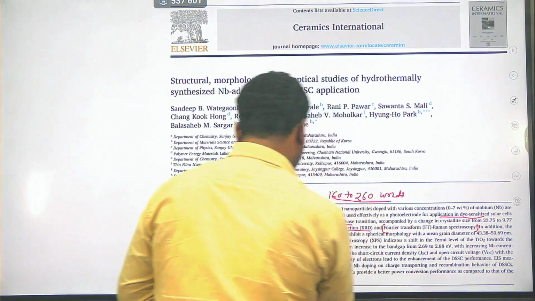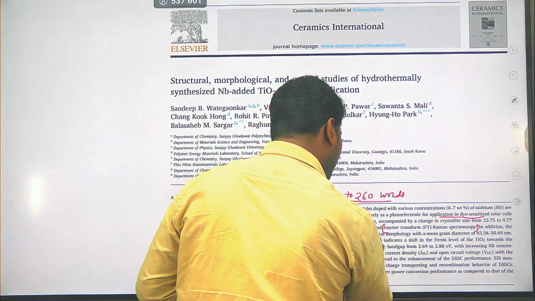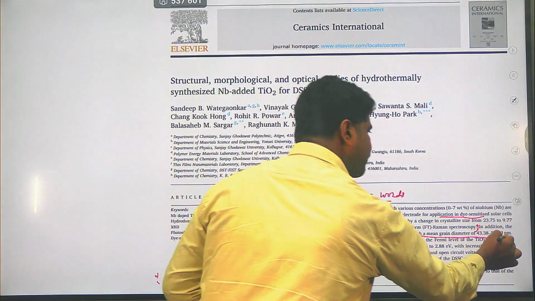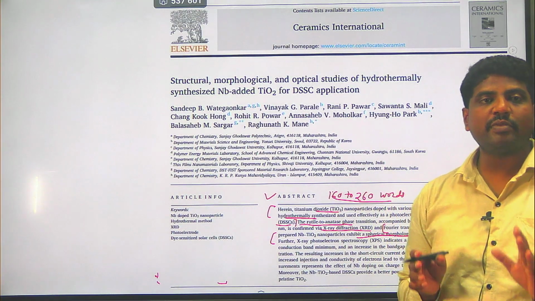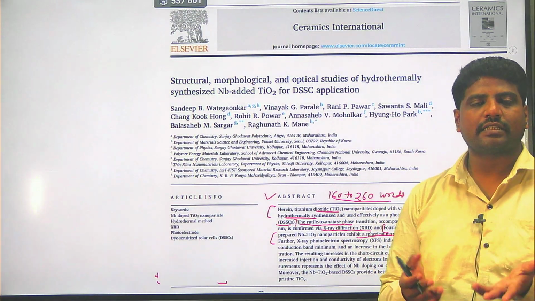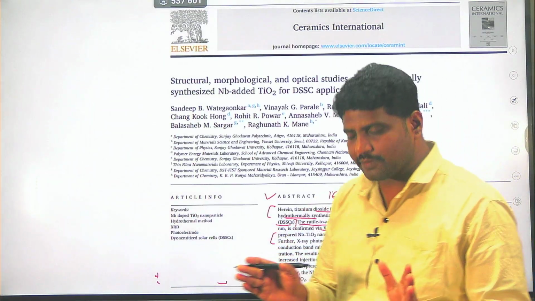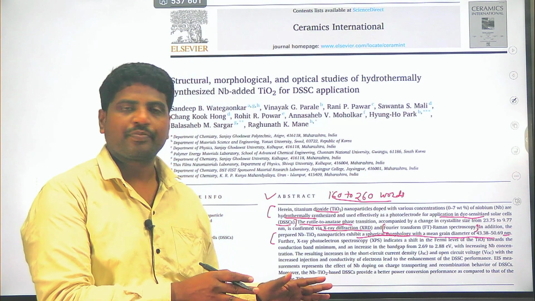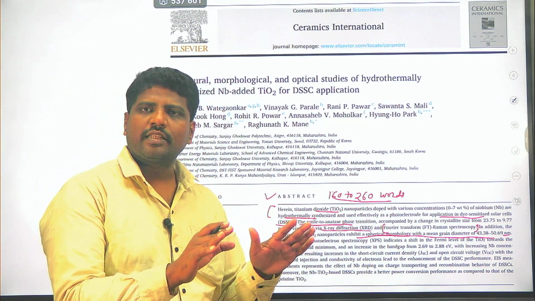Like XRD, we can also write the FTIR. We have done the FTIR analysis here, Fourier transform infrared spectroscopy. Also, in addition, we have taken the spherical morphology. That means the morphology is also indicated along with the size. So different analysis methods give different characteristics.